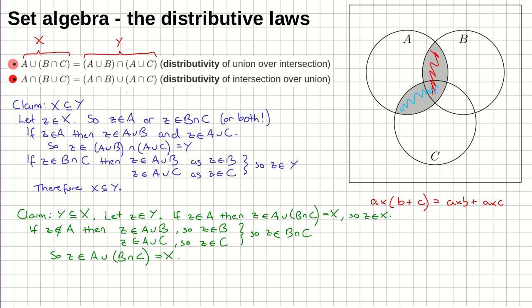We have proved that our arbitrary element of Y is also an element of X, and that means that Y is a subset of X. Okay, we have proved X is a subset of Y, we've proved Y is a subset of X, and that is the definition of X being equal to Y. So putting these together, X equals Y. And we're done.